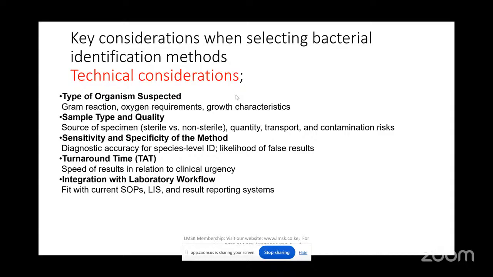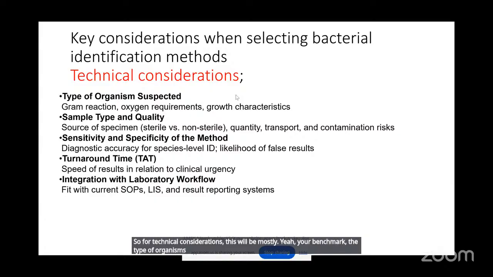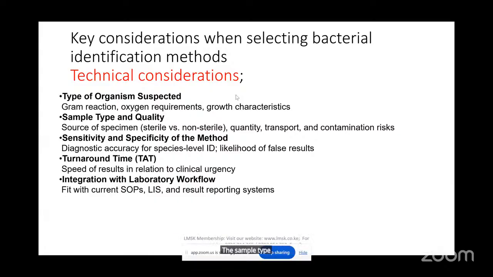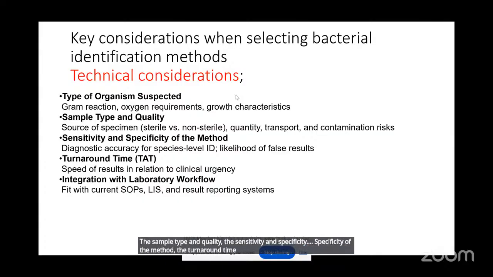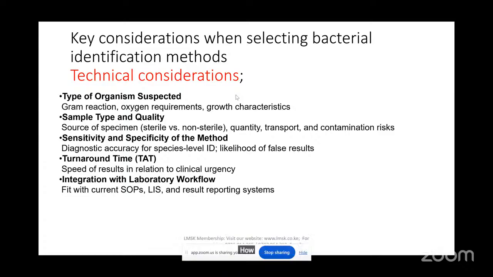For technical considerations, this will be mostly the type of organism suspected, the sample type and quality, the sensitivity and specificity of the method, the turnaround time, and whether it is feasible to integrate this method with your SOP and your LIS. So these are the technical considerations.